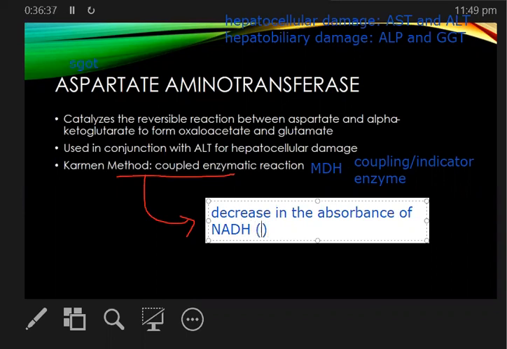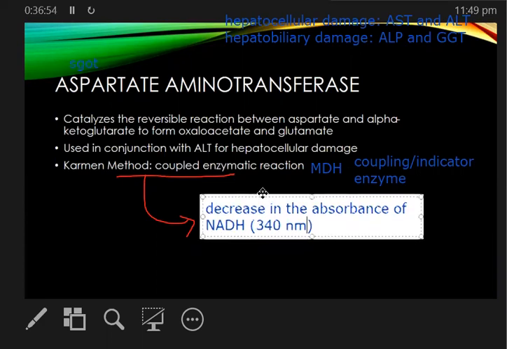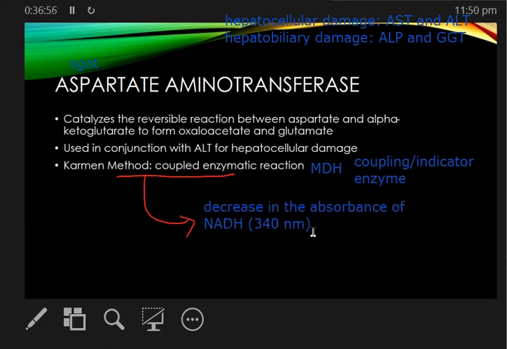At what wavelength do we use in the laboratory to assay your AST? For those who have already performed AST and ALT determination, we have 340 nanometers. Do not forget.